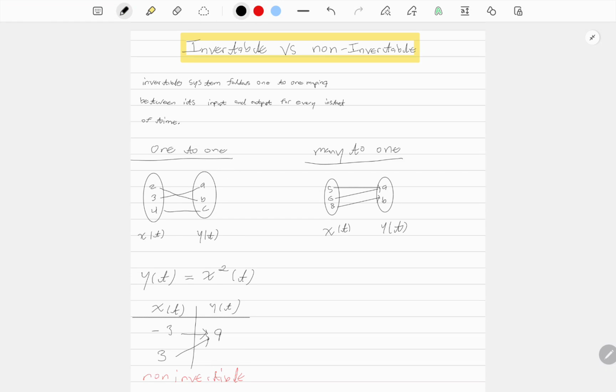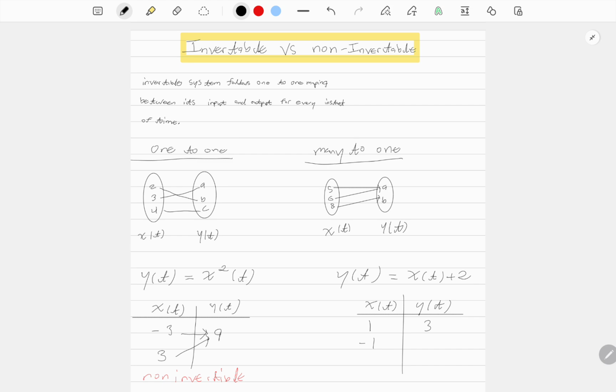And let's just go over another example. Let's say you have y of t is equal to x of t plus 2. Let's draw a table. So let's say we plug in for x of t, let's say we plug in 1, we'll get 3. 1 plus 2 is 3. Let's say you plug in minus 1.